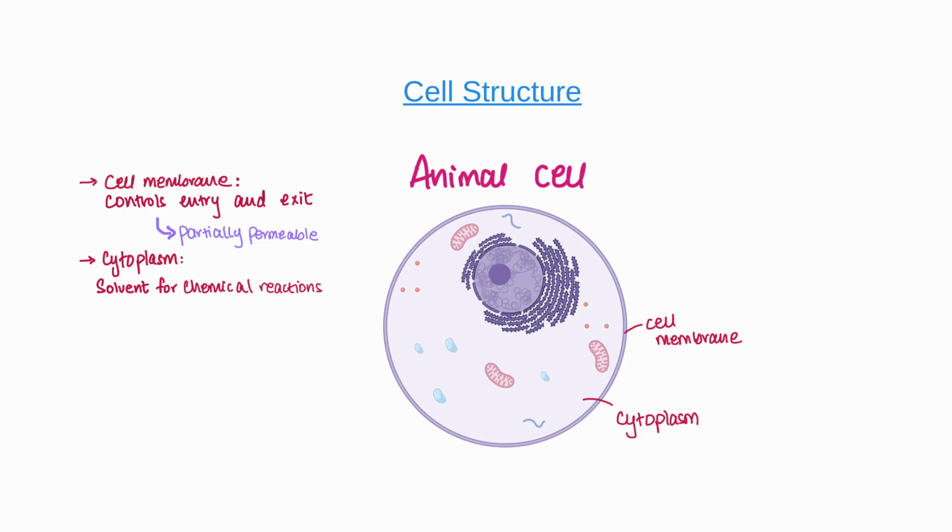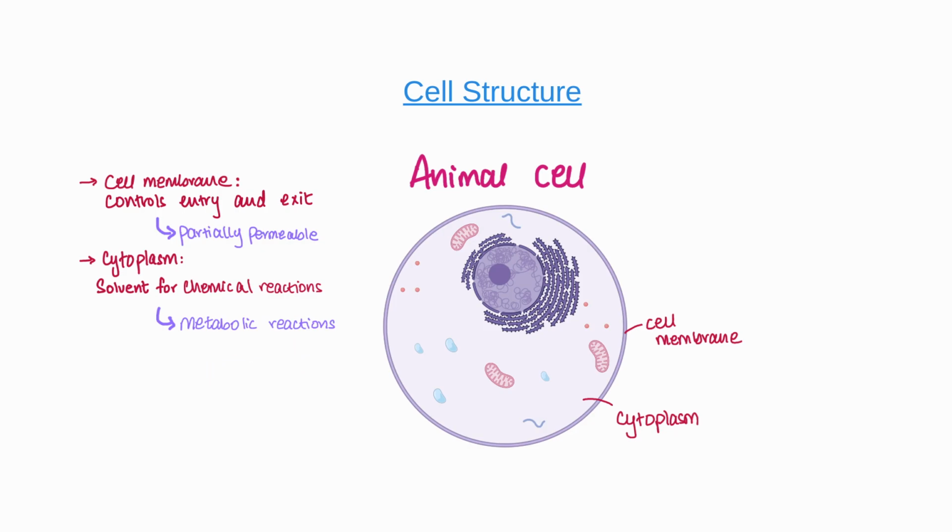Now, the chemical reactions I just mentioned are specific to a living organism, right? So any chemical reaction that happens within a living organism is called a metabolic reaction. Now, metabolic reactions are divided into anabolic and catabolic, or making reactions or breaking reactions. Alright, that's enough information about the cytoplasm for now.